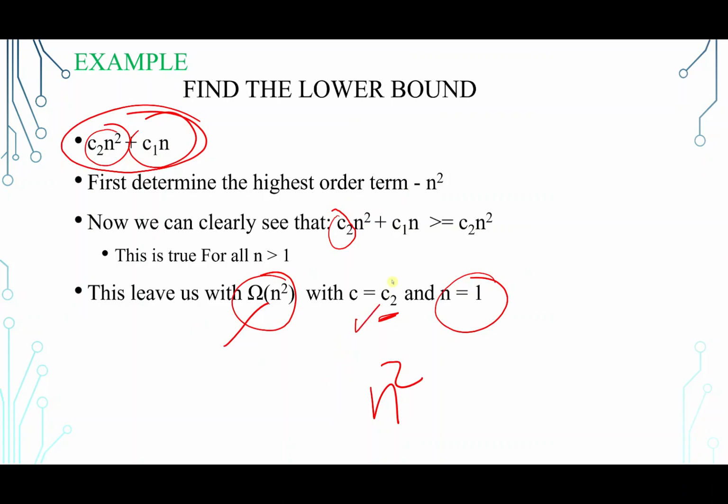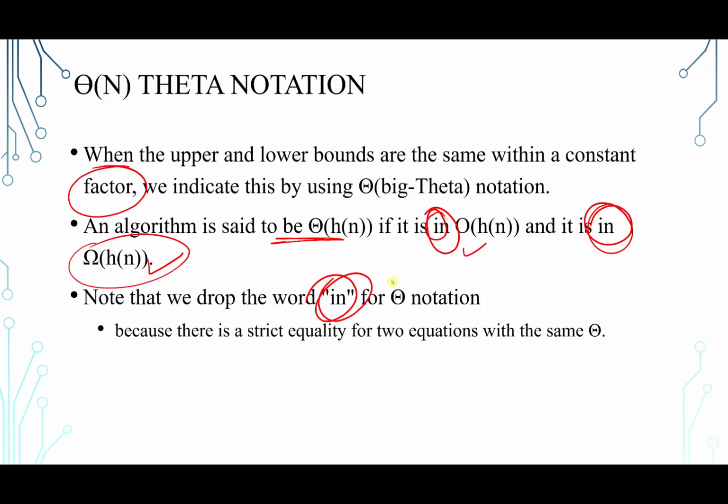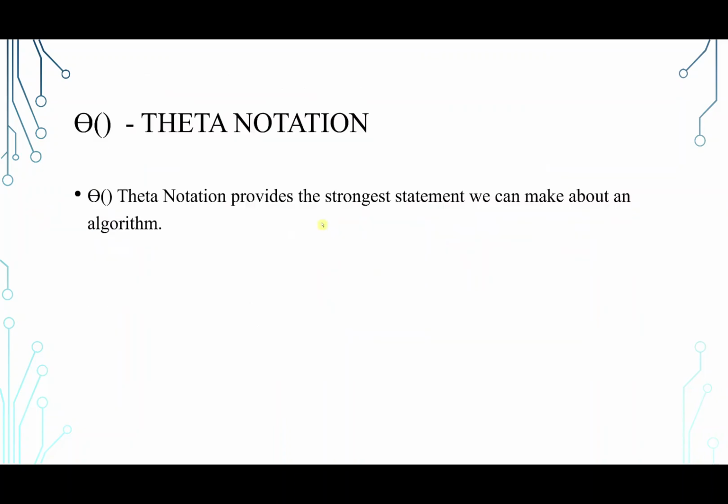So the only change is the factor, and this is exactly what we were saying: if it's only the factor, then we say they're equal, and this is big theta of n squared. The theta notation provides the strongest statement we can make about an algorithm, because it pretty much gives you the exact thing.